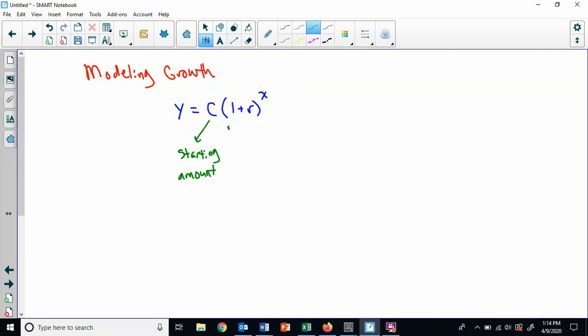This whole piece in parentheses, which would be like the b, is the growth factor. Not that you need to memorize this, it's just if I mention the terminology, I want you to know what I'm talking about. And r is the growth rate. That's usually going to be some sort of percentage that we'll have to model as a decimal.